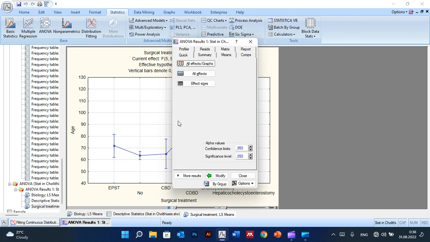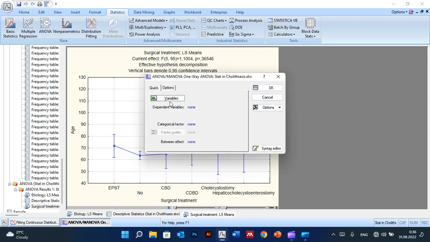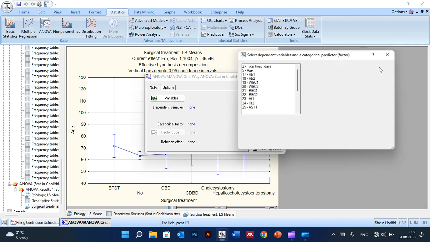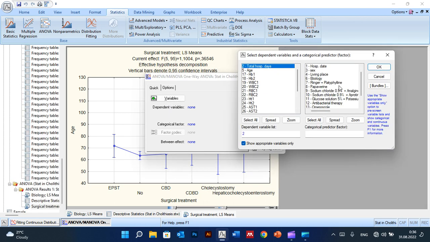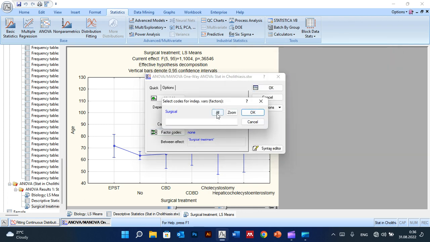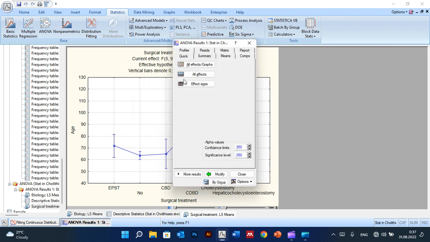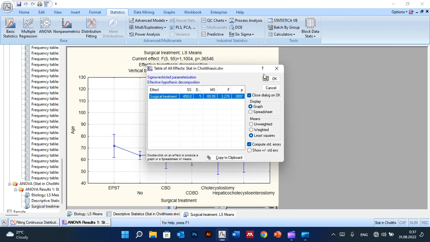We can check another example, so we can see statistically significant results. Let us take the total hospitalization days with the surgical treatment. Selecting factor code. Okay, and we select all effects graphs.